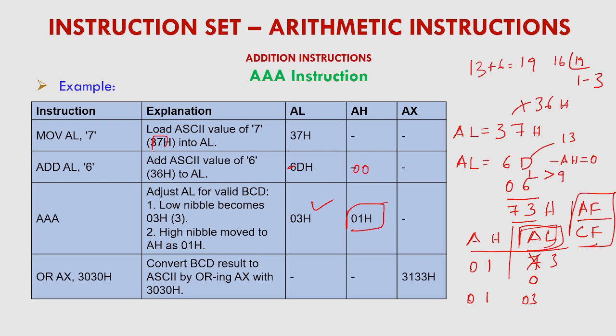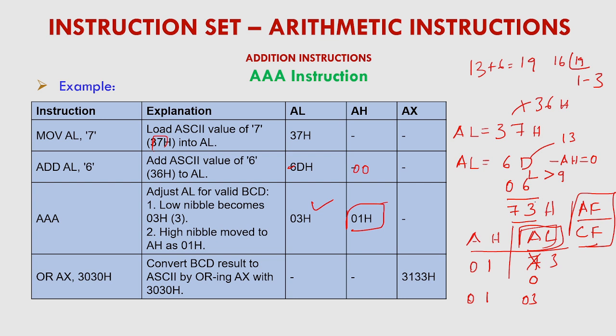So it sets the carry flag. Okay, it is very important to understand that the carry flag is set after AAA because it adjusts AL and increments AH. So that is the reason why the carry flag is set.